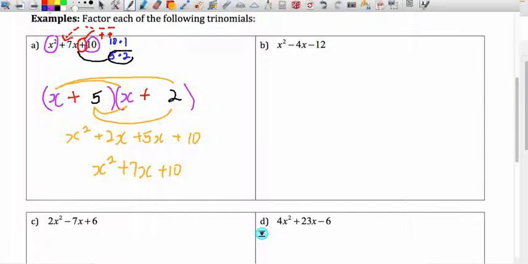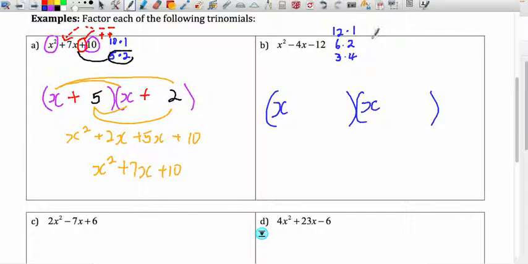Okay, so same question in the second one, one small area of difficulty. Once again, let's start off with our parentheses, because it's going to be a relatively straightforward example. In order to get the x squared, it has to be x and x. In order to get the 12, we've got a few options this time: 12 times 1, 6 times 2, 3 times 4.